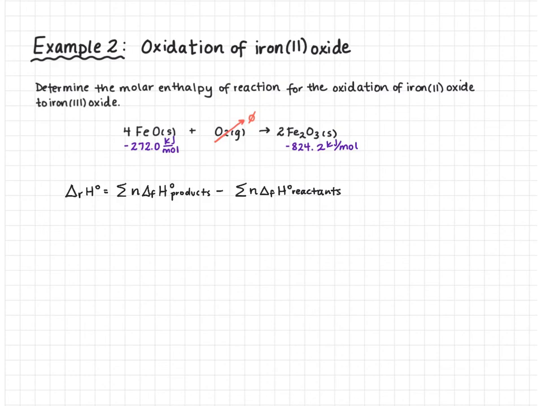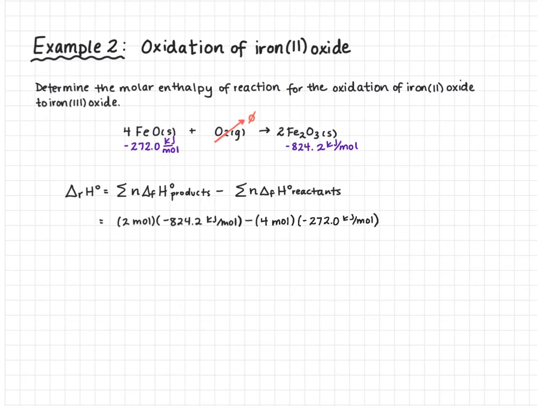In this case, our products are just iron(III) oxide, so we'll do 2 moles times negative 824.2 kilojoules per mole. And our reactants are the 4 moles of iron(II) oxide, so 4 moles times negative 272.0 kilojoules per mole.